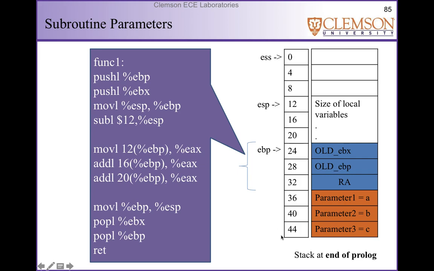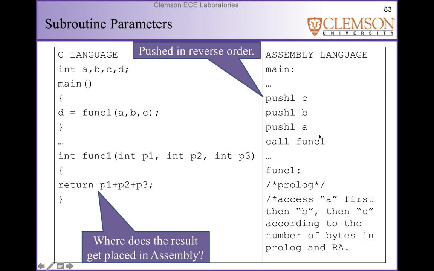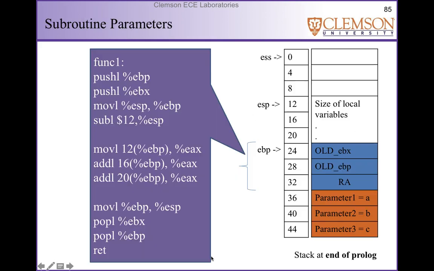So right here, this stack space is for this function 1. But for your main, you will most likely have a stack space way down here. So you'll probably have more parameters down here. So it's like a nested function. You can think about it like that.